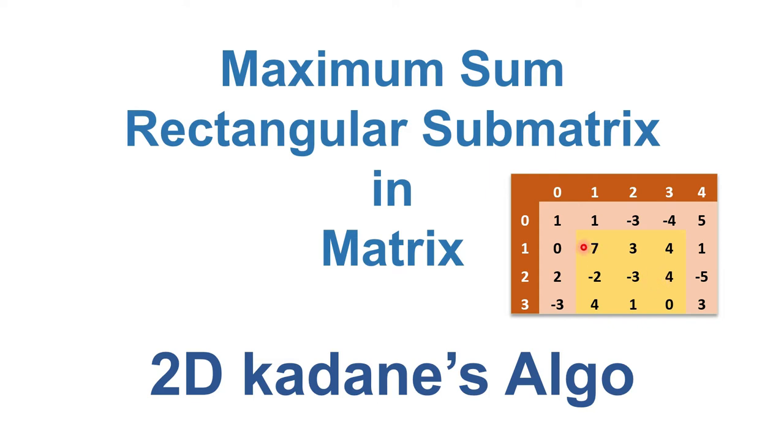So how to find the particular submatrix where the sum will be maximum? In this case, this part will have the maximum sum. So how to find that? For that purpose, we have to use Kadane's algorithm in a different way, and we have to apply dynamic programming also. And how to solve these things, we will see next.